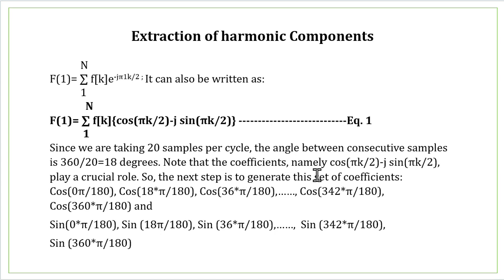Note that the coefficients, namely cos pi k by 2 and minus j sin pi k by 2, play a crucial role. So the next step is to generate this set of coefficients: cos 0 pi upon 180, cos 18 pi upon 180, cos 36 pi upon 180, and so on, up to cos 360 pi upon 180. Similarly, the sine components will appear like this.